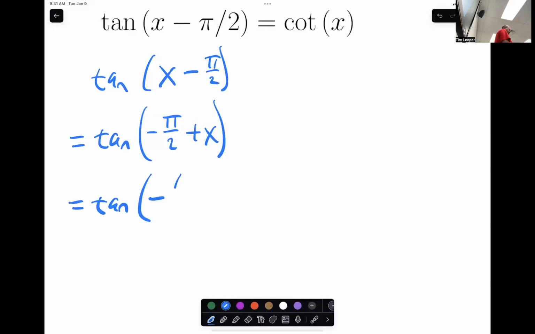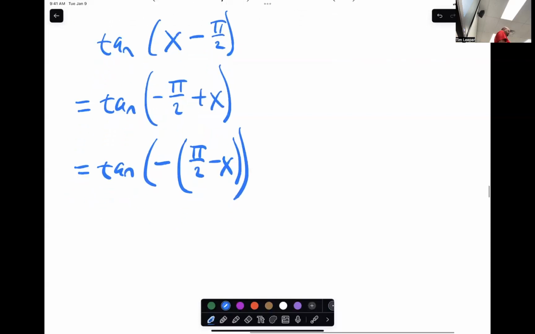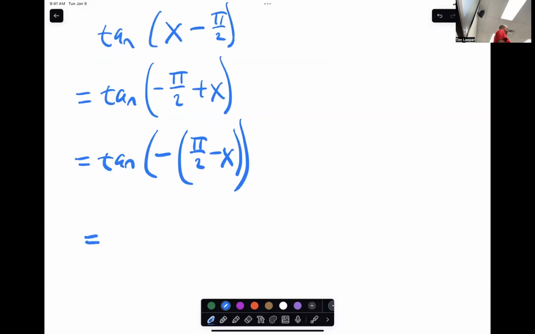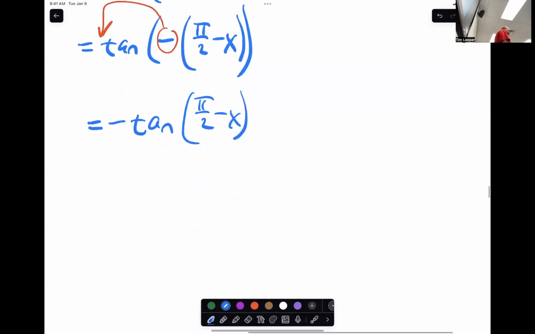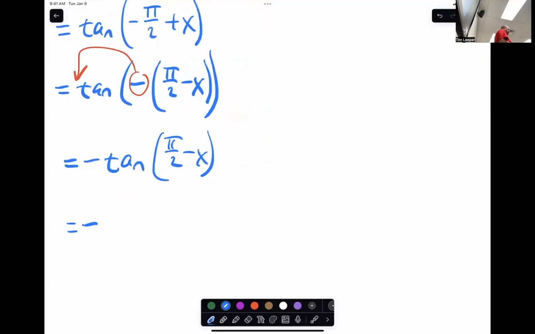So if I factor it out, what am I left with? Pi over 2 minus x. Now notice that tangent, is that even or odd? It's odd. So that negative here needs to come outside of the function. And that's going to make that negative tangent of pi over 2 minus x. Still the negative out there, but what is tangent of pi over 2 minus x?